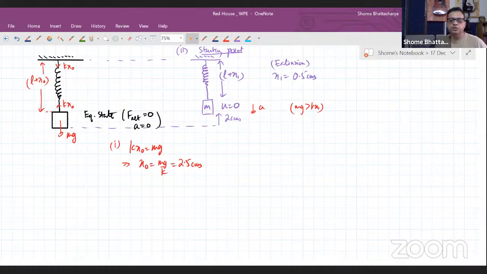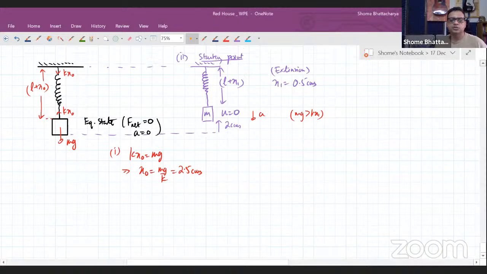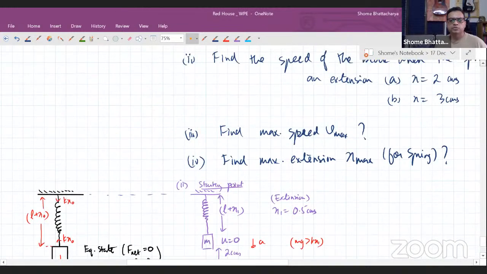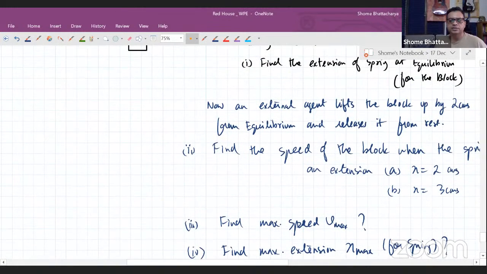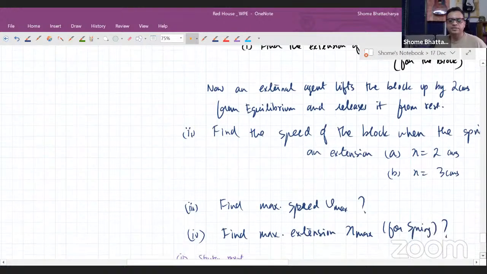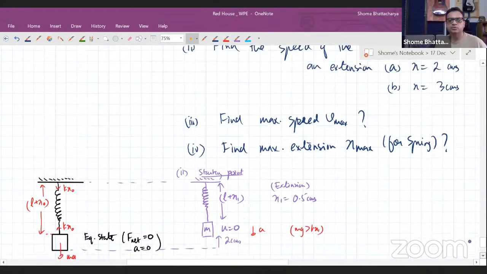Understood now? So this is very important to understand here. Okay. Now we want to find out the speed of the block when the extension of the spring has become how much? For the A part, we want to make the extension of the spring 2 centimeters. So from 0.5 centimeters to 2 centimeters, we have to understand what's happening.